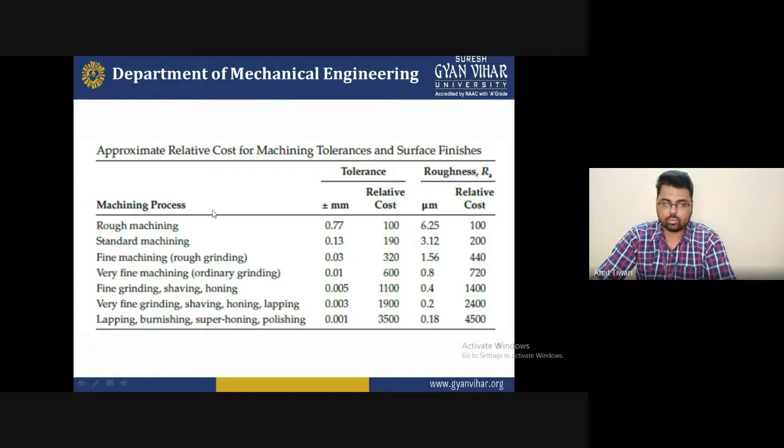surface finishing. If you select rough machining with plus minus 0.77 mm, for example, the relative cost is 100, and for that particular machining dimension tolerance, your surface roughness will be 6.25. With the same appropriate price, it is possible that your product will be made in the same range, and no very high cost is incurred in this machining.